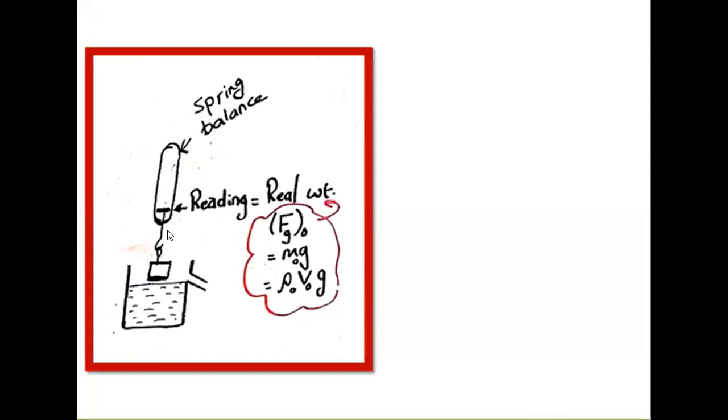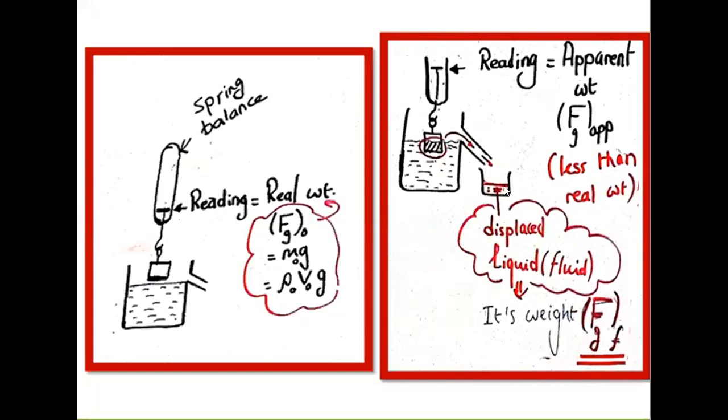So if we drop this object slightly in the liquid, what will happen? The level of the liquid will move up, will increase. So the increase will be poured through this path out of the displacement can. Okay, so this is the idea of what is called the displacement can.